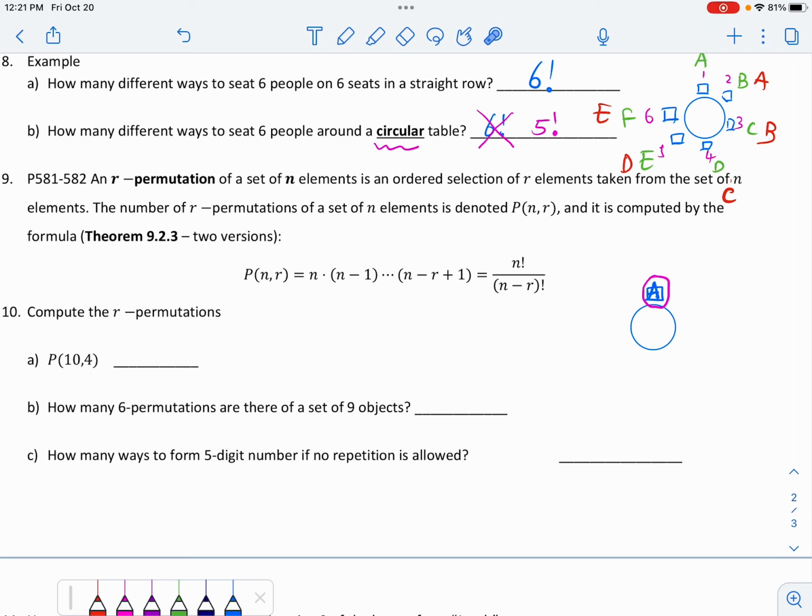It is computed in 2 ways. One is N times N minus 1 times all the way down to N minus R plus 1. Or you can use N factorial divided by N minus R factorial.